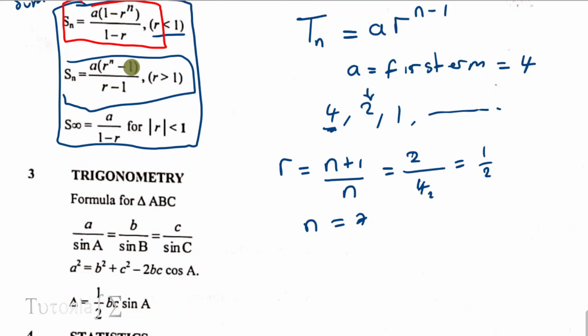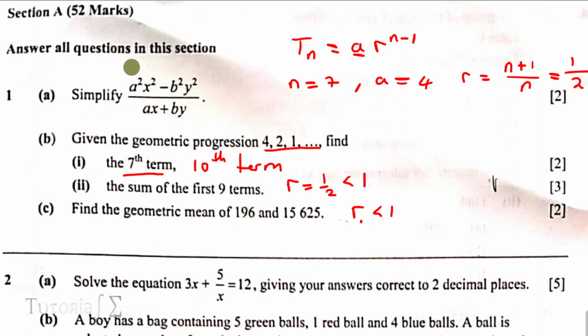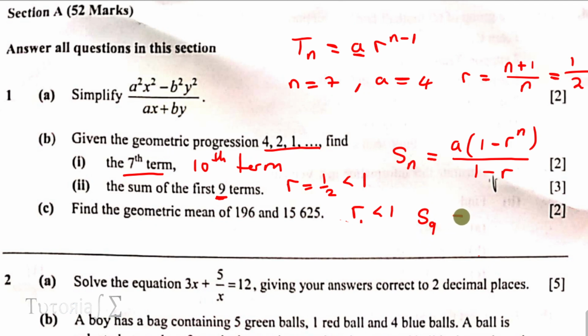Since our r is less than 1, we use the formula for the sum as Sn is equal to a open brackets 1 minus r to the power n all over 1 minus r. a is still the first term, and here we are looking for the sum of the first 9 terms. So S9, where there is n we put 9, will be equal to the first term, which is still 4.